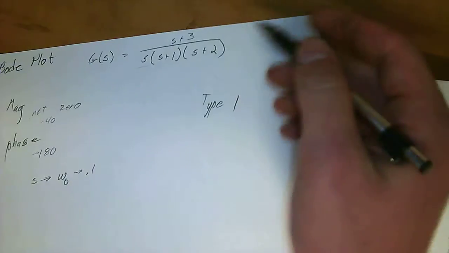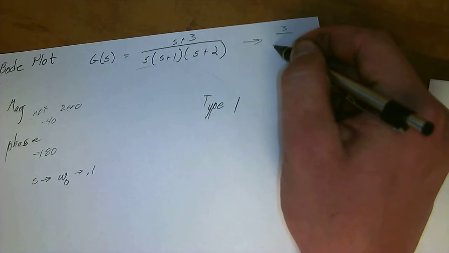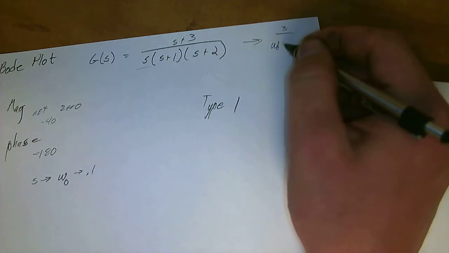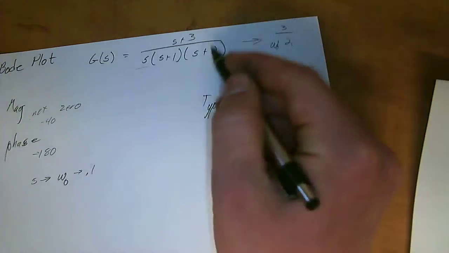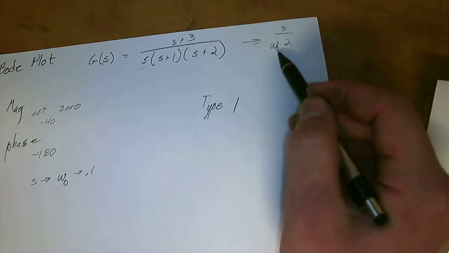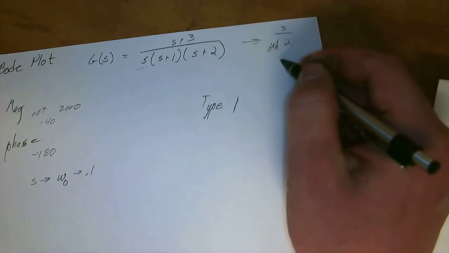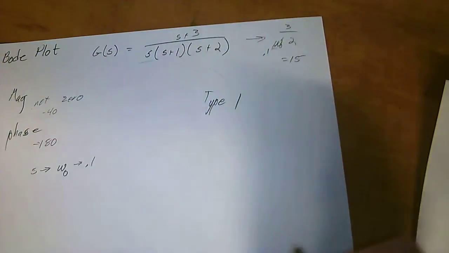If you reduce this, the transfer function will go to 3 over omega naught, we're calling it omega naught for now, times 2, which is 2 times 1 times omega naught, basically. And if omega naught is 0.1, then this will equal 15, which is unitless at this point.